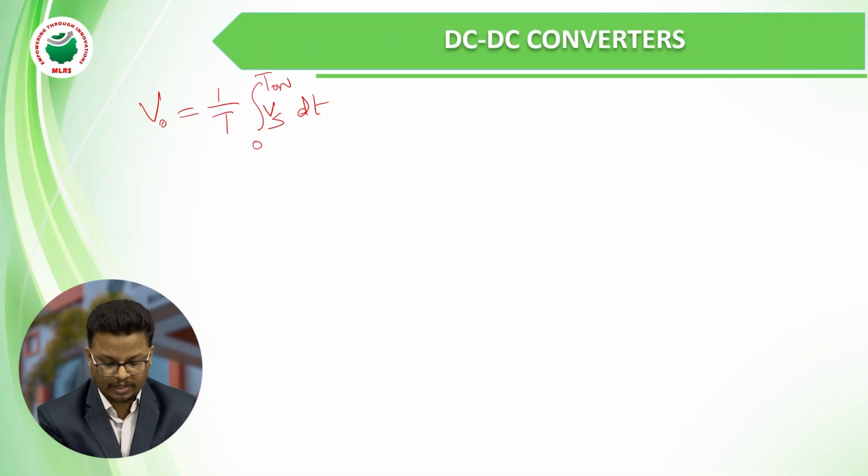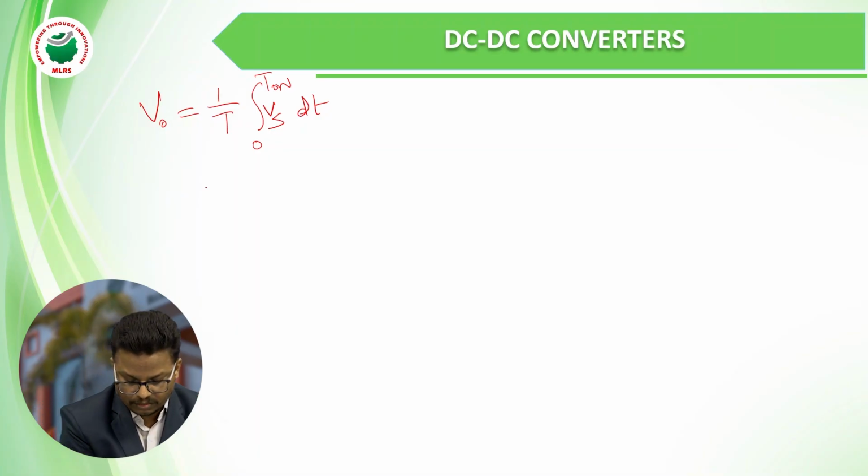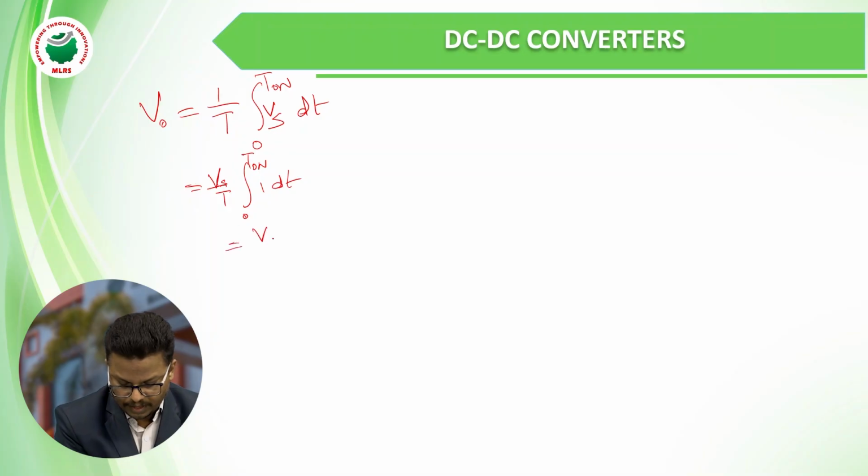Now from this we will find the value. So 1 by T, the Vs is taken out, and integral of 0 to T on of 1 dt. So here Vs by T, integral of 1 is nothing but T, and we have limits of 0 to T on.